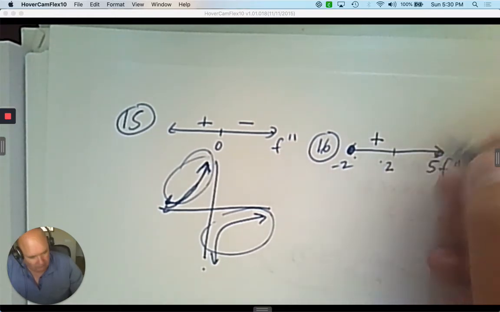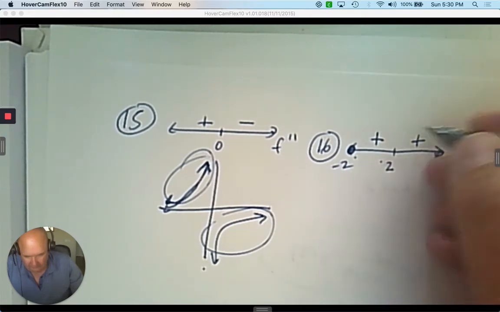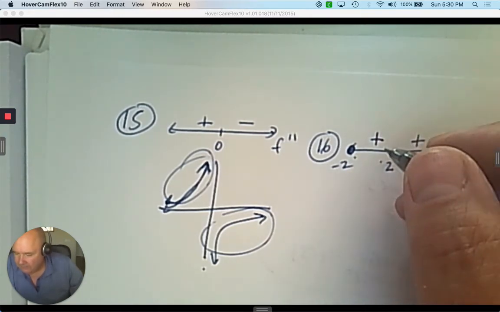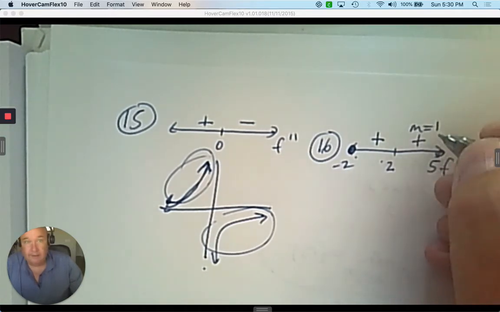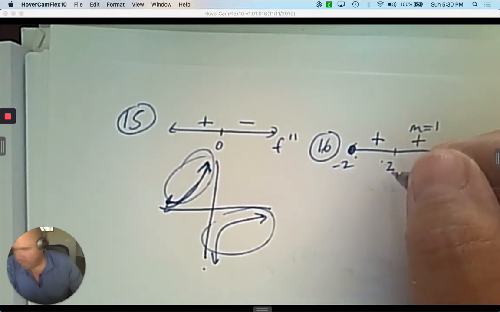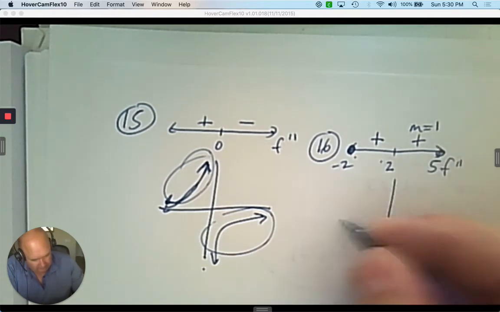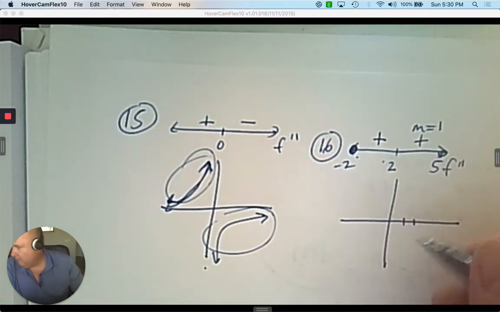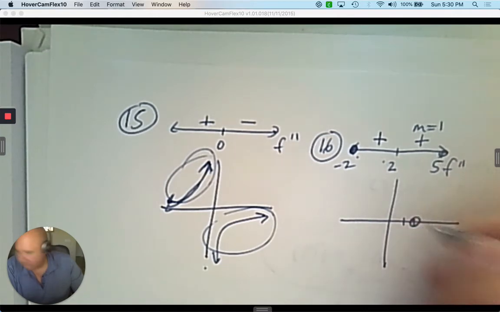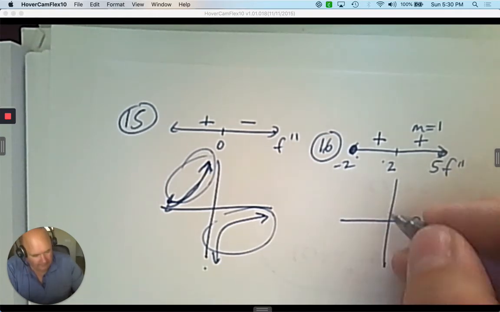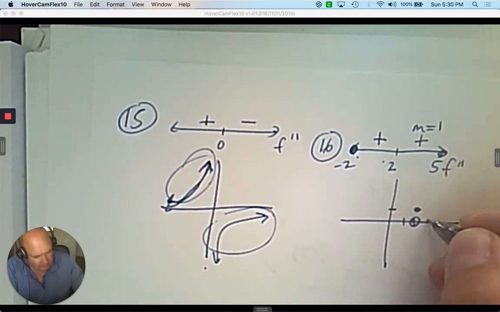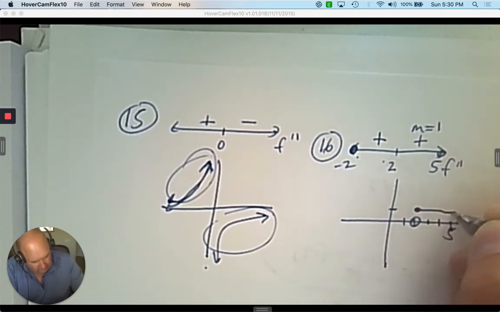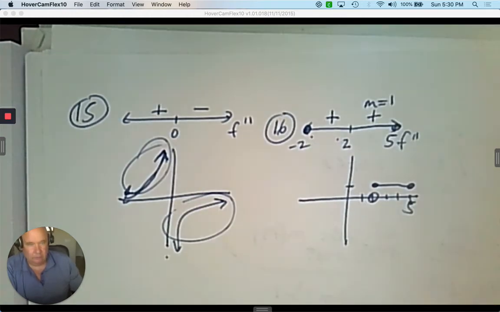And from 2 to 4, it's increasing with a constant number. So what is that constant number? It's the slope, up 1 over 1. So this is one where the slope is equal to 1. It's going to be a horizontal line, while at 2, there's going to be a hole. And the slope is 1. So that goes to 5. So here to 5, it has a slope of 1.